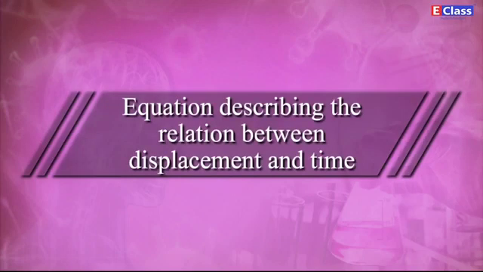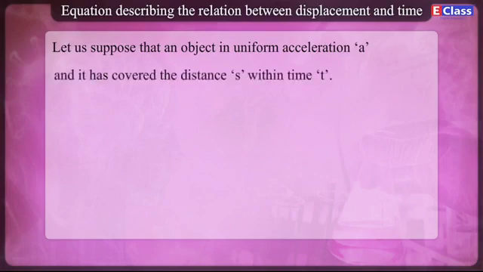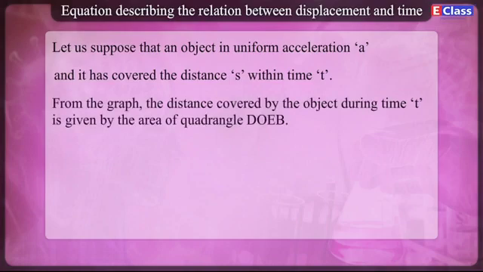Equation describing the relation between displacement and time. Let us suppose that an object is in uniform acceleration a and it has covered the distance s within time t. From the graph, the distance covered by the object during time t is given by the area of quadrangle DOEB.